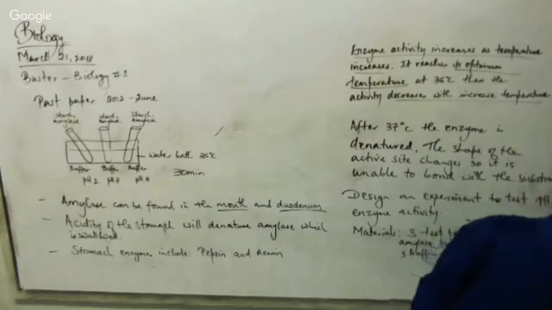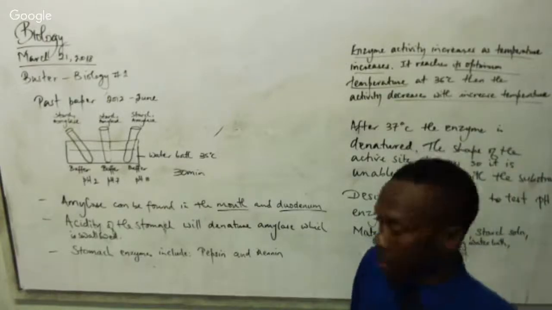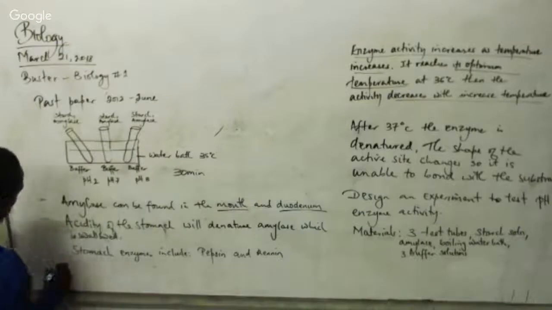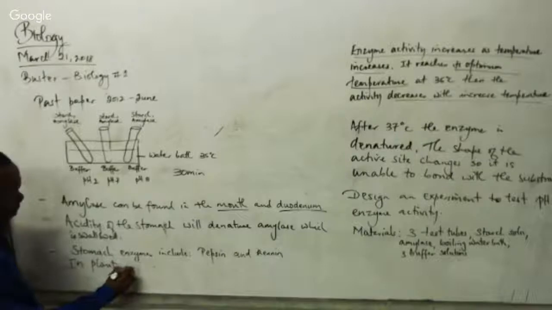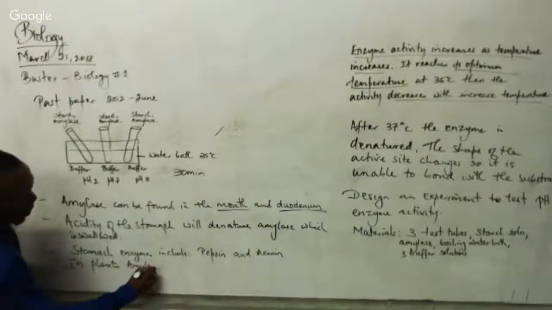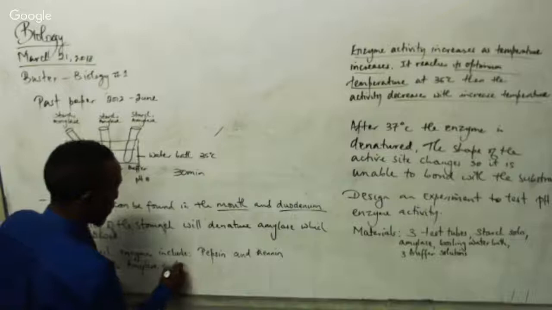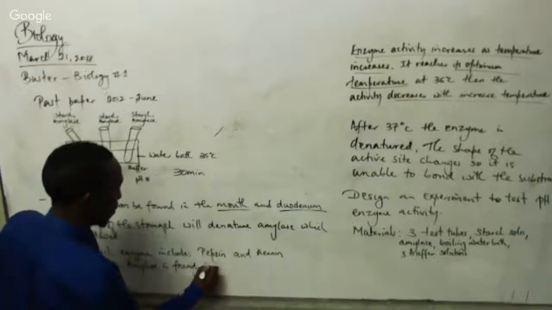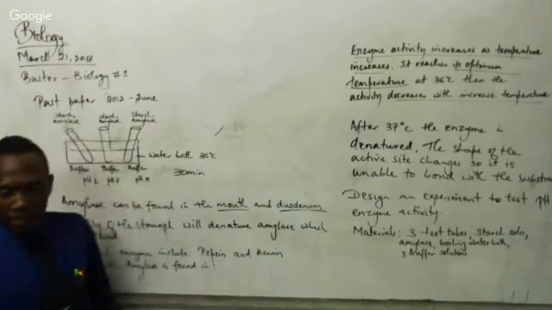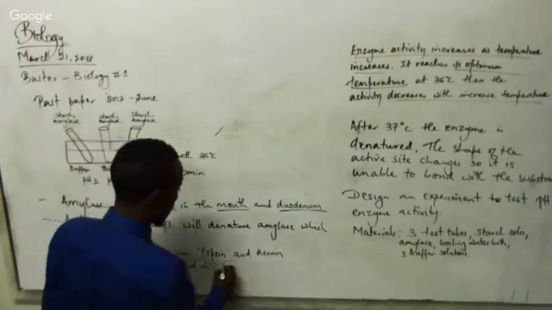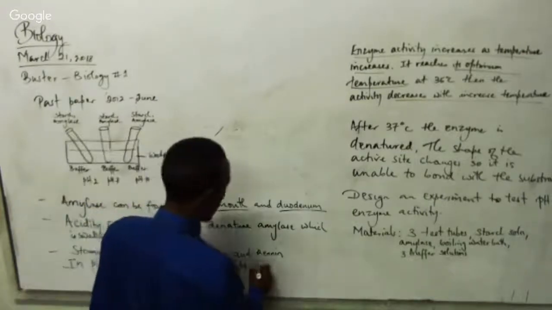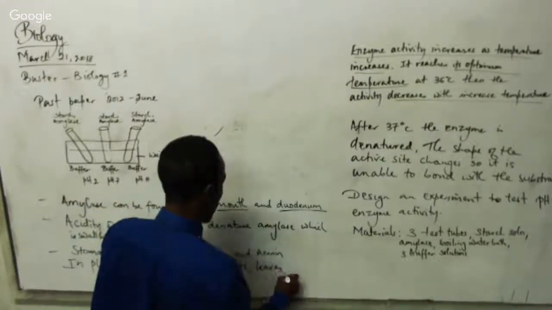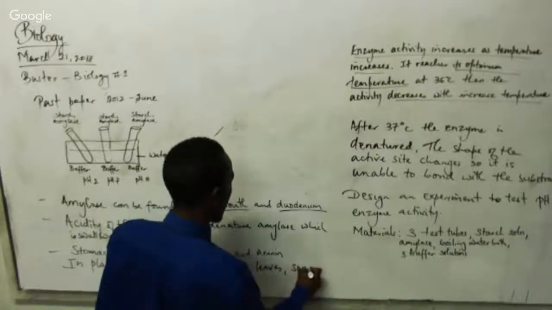Amylase is found in plants. Suggest three plant structures in which amylase may be found. Let me see how smart you guys are. Alright, in plants, amylase is found in roots, leaves, and seeds. There is none in the stem.